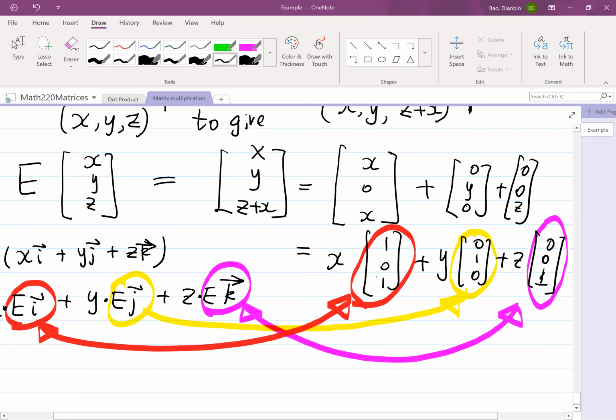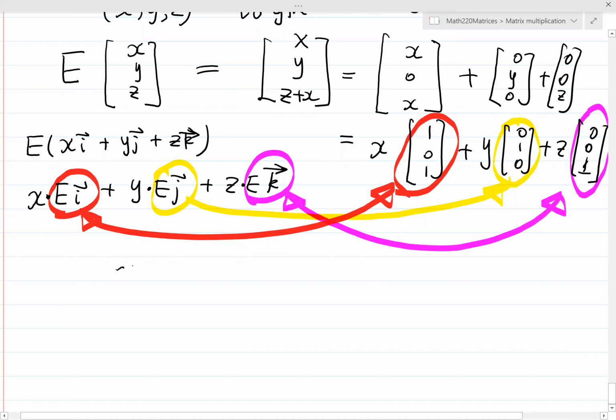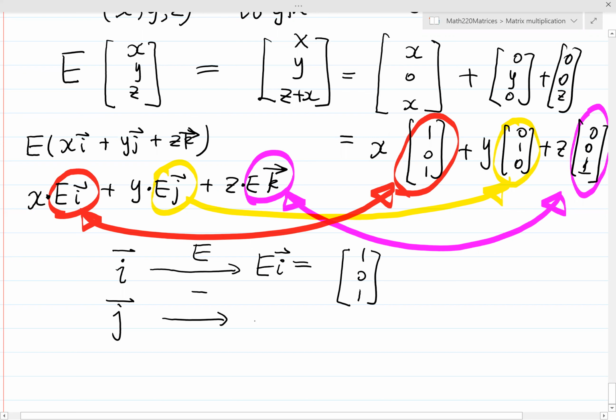Finally we see E. If we plug in i under this map, E's output is Ei, then what we get is Ei is 1, 1, 0. So this is the first column of E. j under E goes to Ej. Ej is 0, 1, 0.